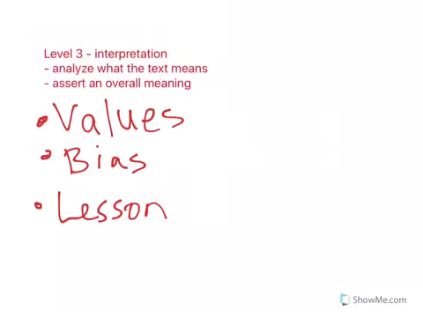So is there anything about the topic or content that leads you to a conclusion that the writer is trying to promote a set of values, or reveals a particular bias, or there's some lesson concerning humanity or society, or something trying to change behavior that's not being stated explicitly, but you have to infer from the details.